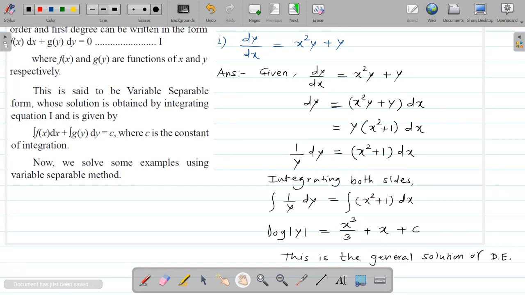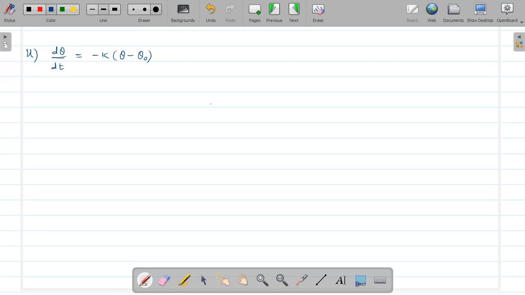Now let us take another example. Here it is given that d theta by dt is equal to minus k into theta minus theta 0. Here theta and t are two variables, where theta 0 is constant and minus k is also constant. Now we have to separate out the terms of theta and t.